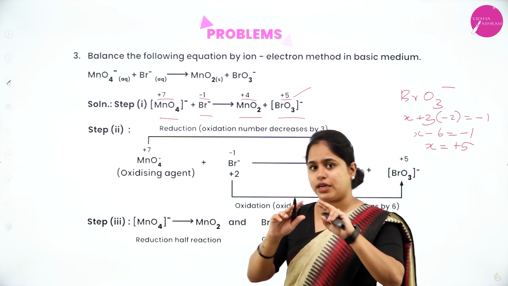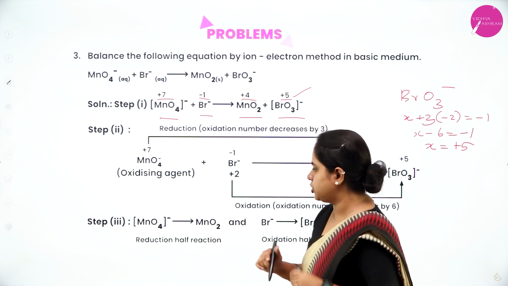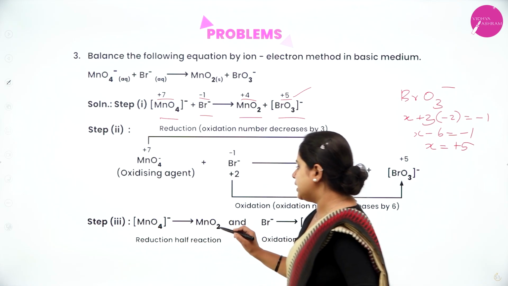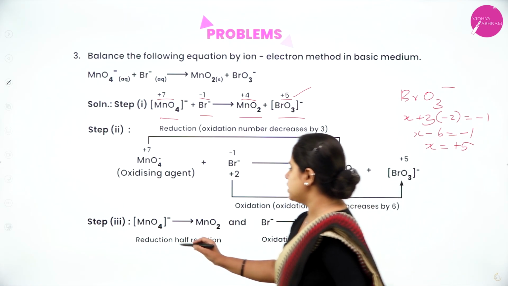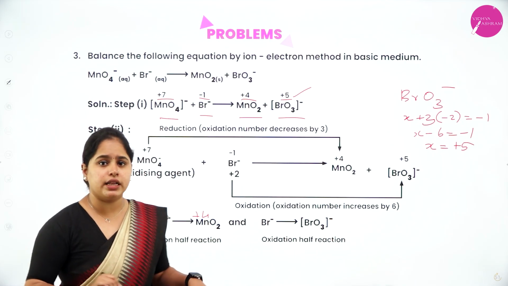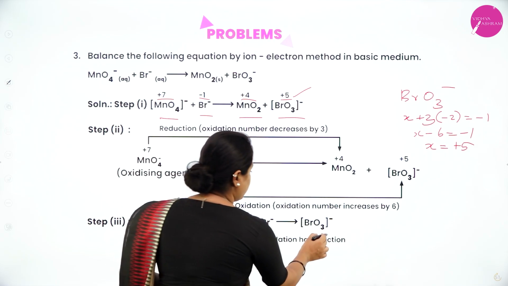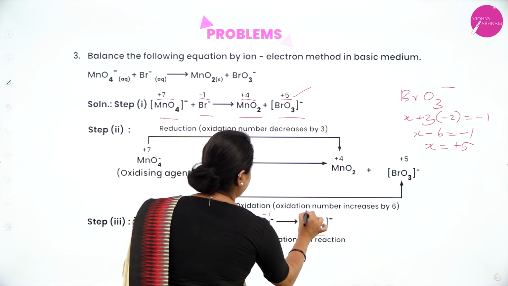Now the next step is to write it into two half reactions, oxidation half reaction and reduction half reaction, right? So MnO4⁻ getting reduced to MnO2, that is the reduction half reaction, that is +7 to +4, right? And Br⁻ is getting oxidized into BrO3⁻, which is the oxidation half reaction, that is -1 to +5.